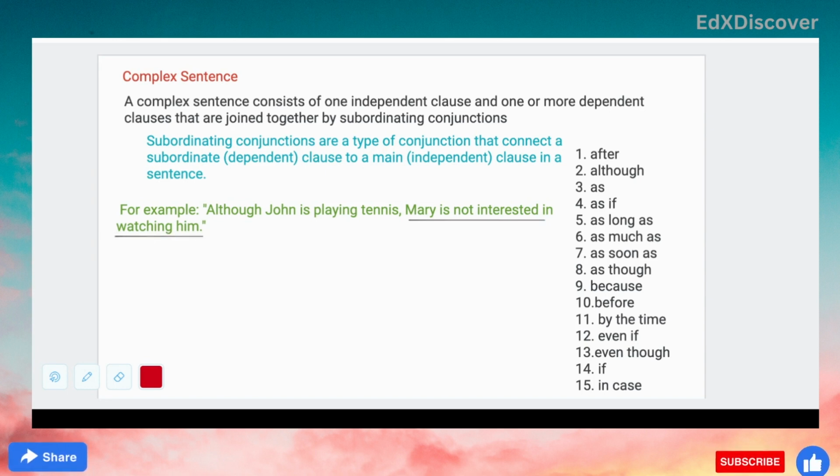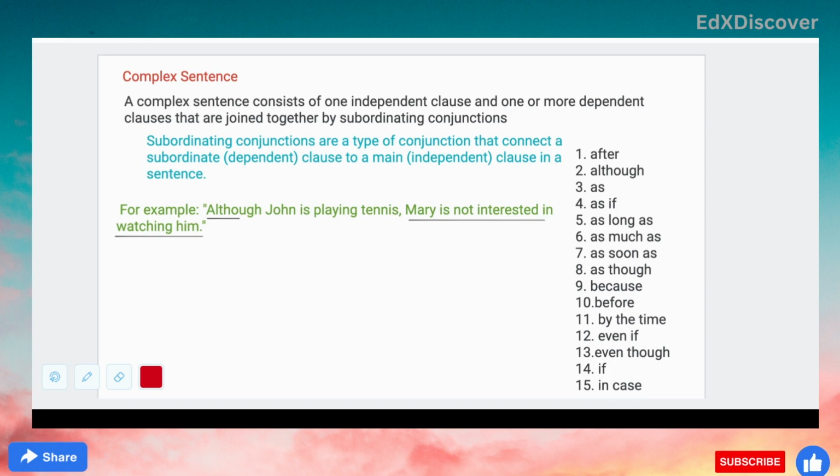Whereas "Although John is playing tennis" is obviously a dependent clause. Therefore, the independent and the dependent clause are joined together by a subordinating conjunction, "although."